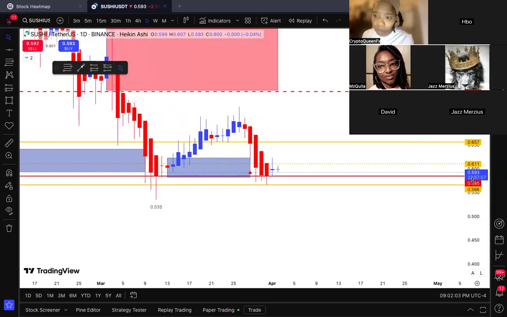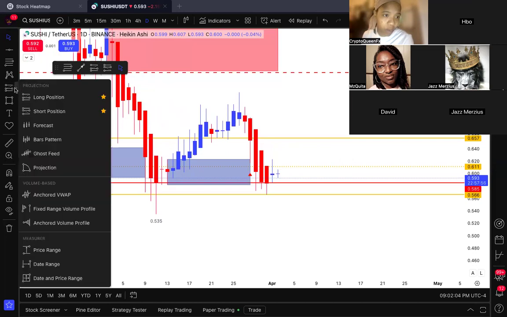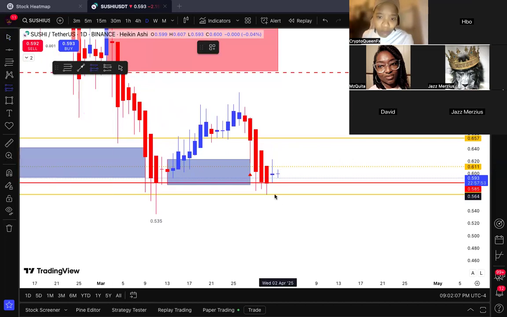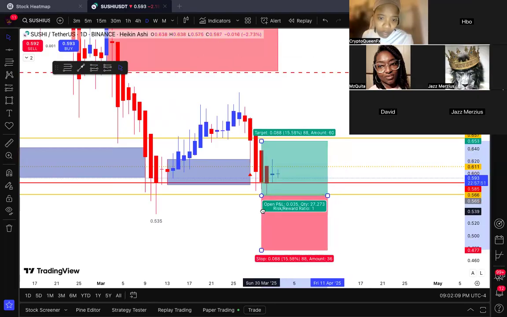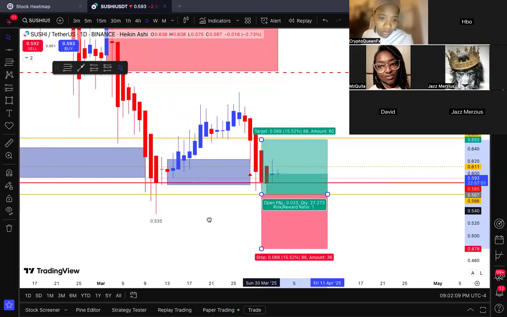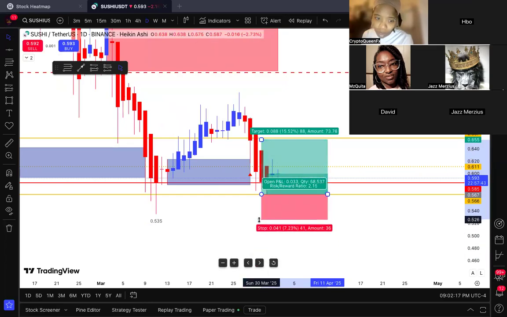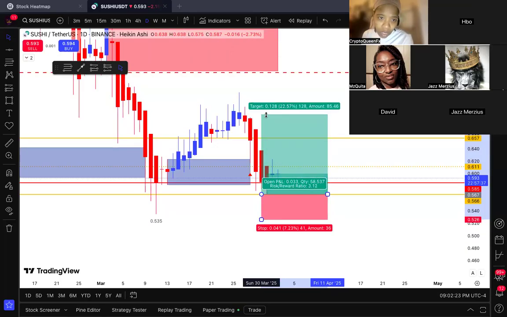Like right here, because that's where it's rejecting at. You can set your stop right under where it wicked, and you're in a good spot. You can reject that 535, set it at like 526, and you can actually hold it, because it's going up.